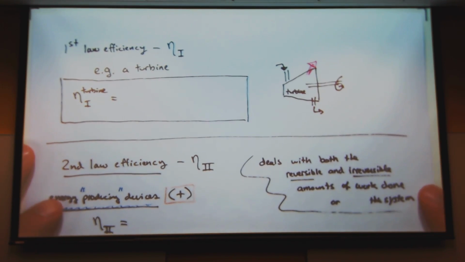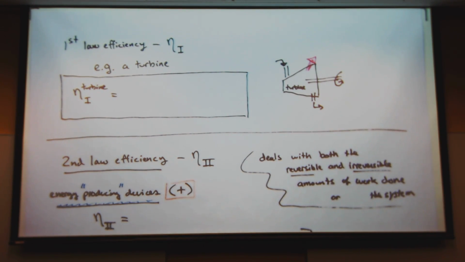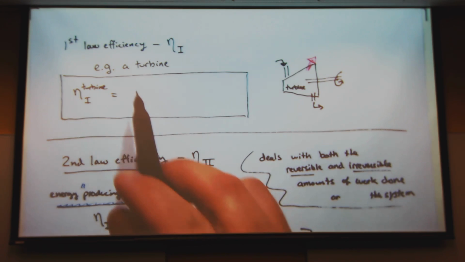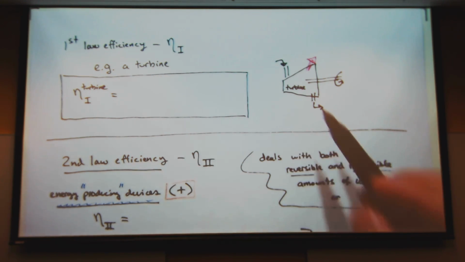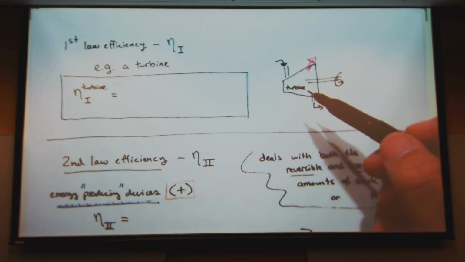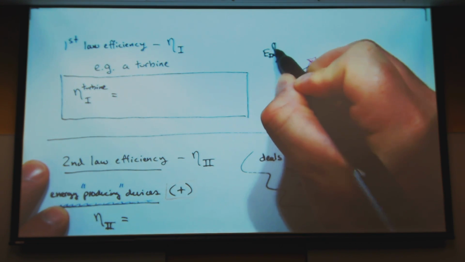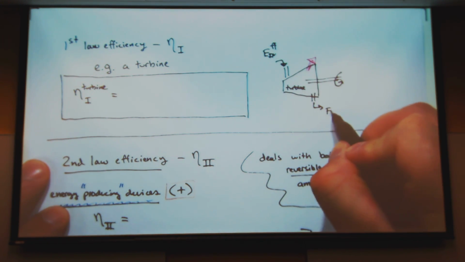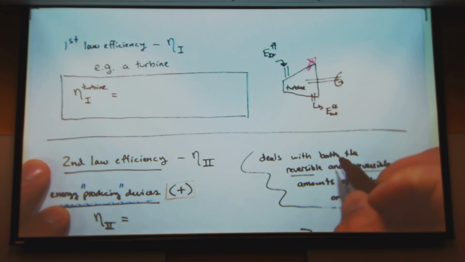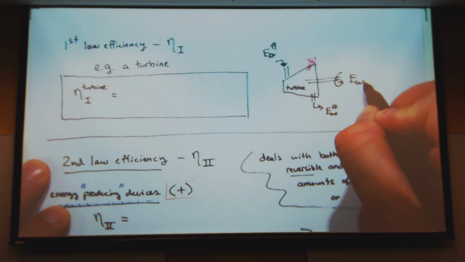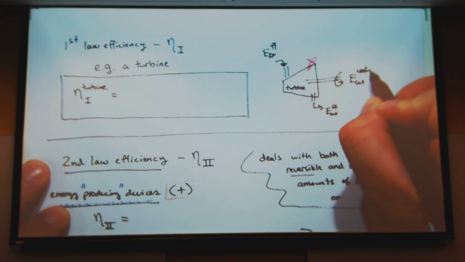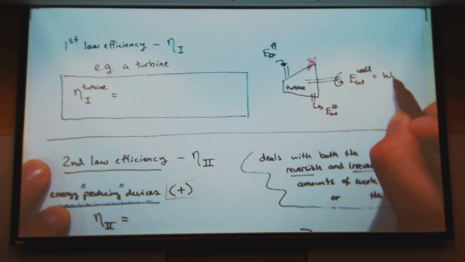Okay, so second law, first law of efficiency. Let's do another example. The last one was of an energy consuming device. So now let's do an energy producing device, a turbine. This is a standard pictorial view of a turbine. In this case, I have some energy in fluid flow, and then I have some energy out fluid flow, and then I have my energy out useful, which is the work shaft out.